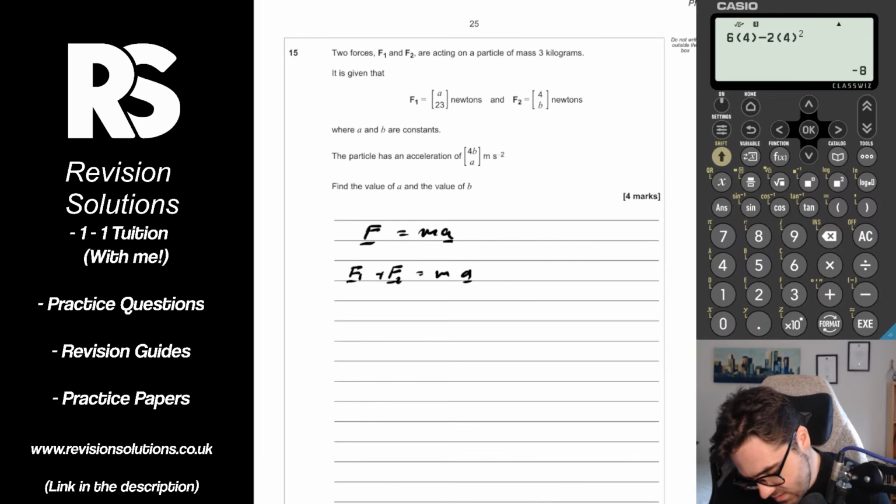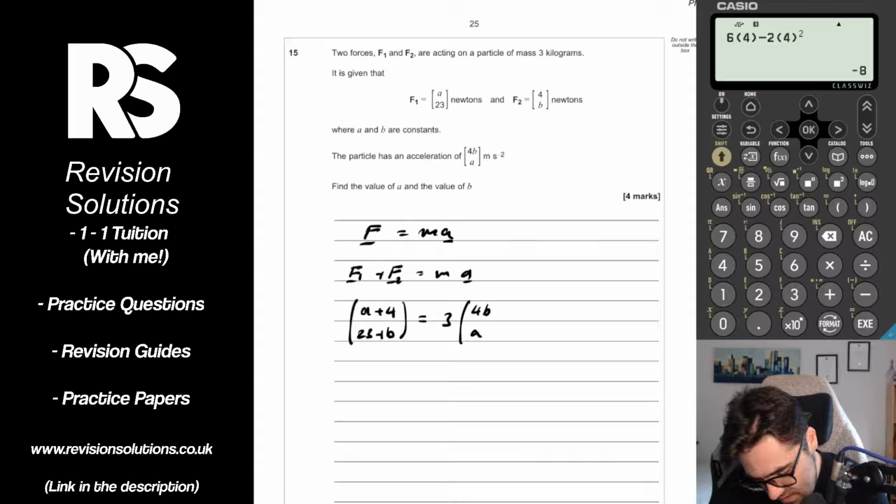That would be, as a column vector, a plus 4 and then 23 plus b equals our mass, 3, times our acceleration vector 4ba. So reading off the top line, we'd have a plus 4 equals 3 lots of 4b, that's 12b.